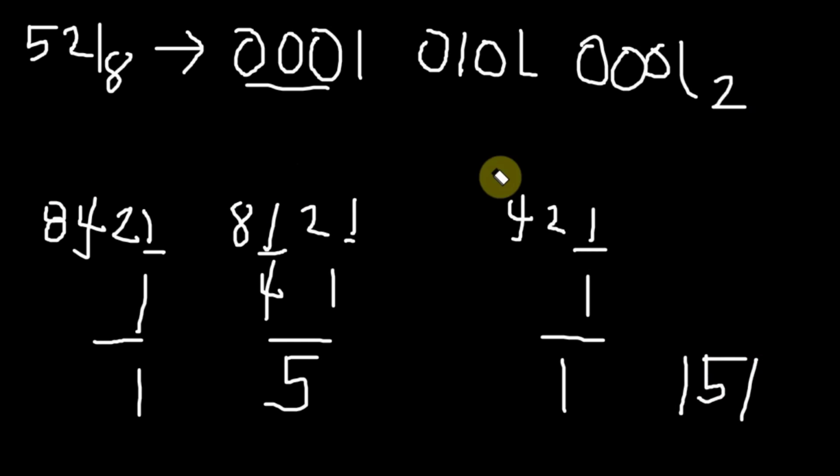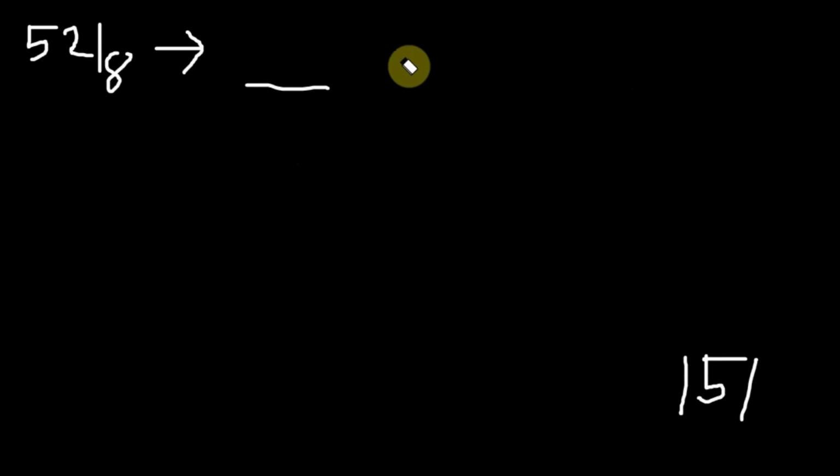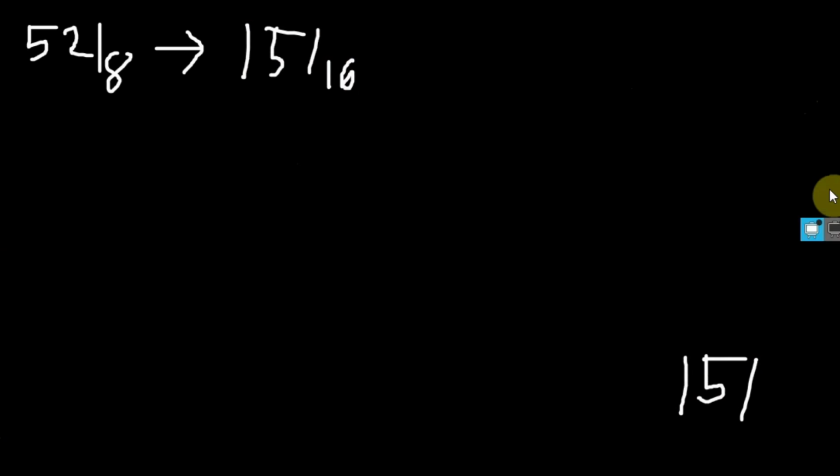Let me erase this first. So 521 base 8 is equal to 151 base 16. That is how to convert octal to hexadecimal.